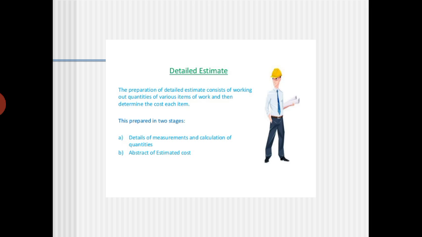Once you have calculated each measurement and the calculation of the quantities, finally you have to summarize all those rates in a small table, and you have to say that for earthwork it is this much, RCC work is this much, plastering is this much. Maybe in the previous slides I have covered some of the major items like that. You have to prepare it and you have to do it. Maybe the table is there at the end, you can see that.